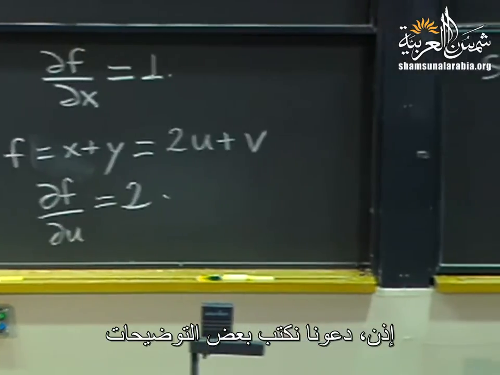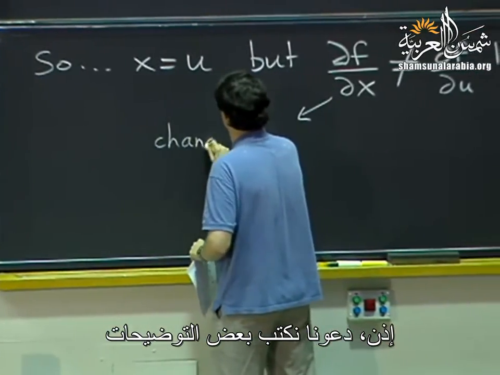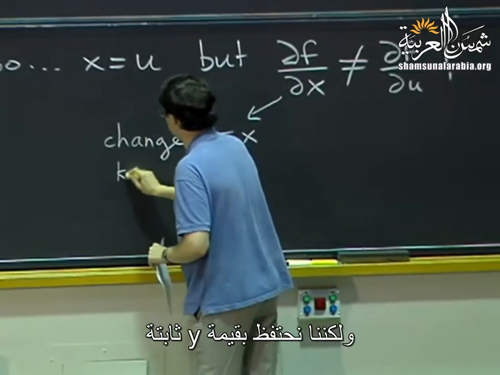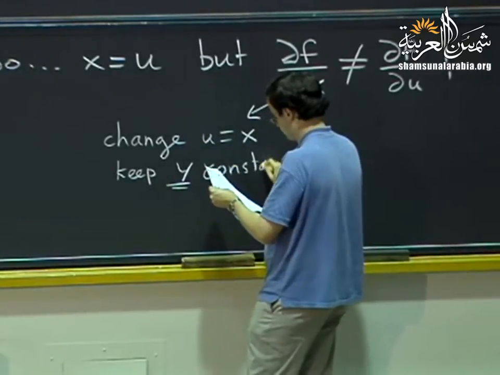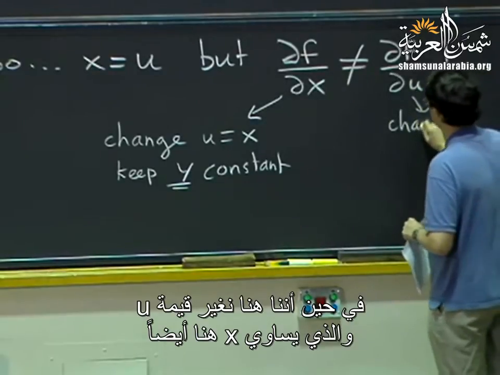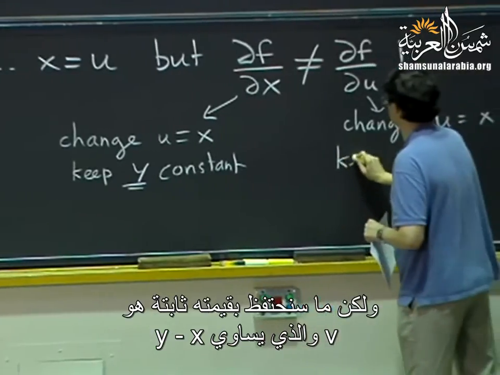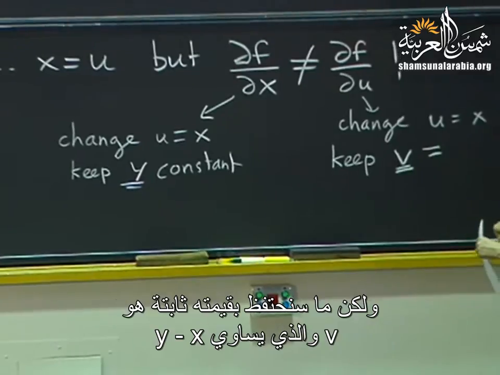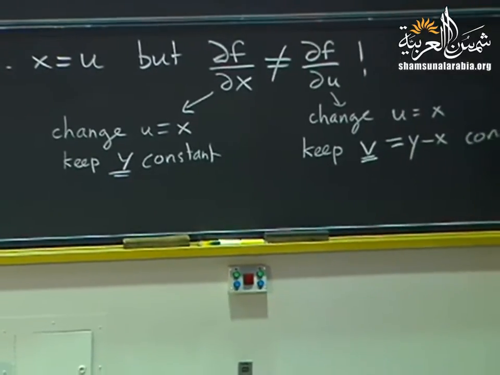Okay, so just to write things. Here we change u and x, they're the same thing, but we keep y constant. While here we change u, which is still the same thing as x, but what we keep constant is v, or in terms of x and y, that's y minus x constant.